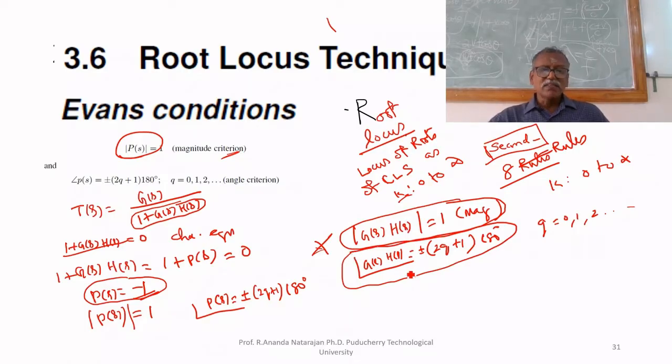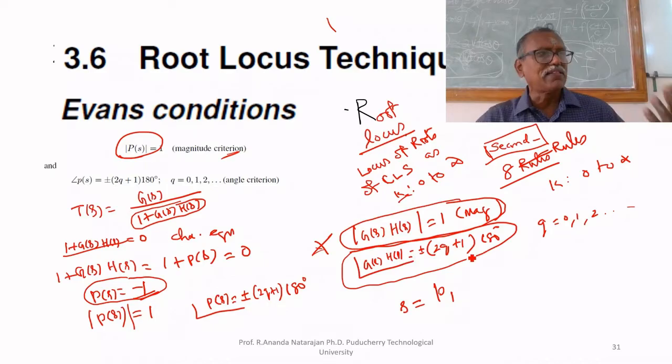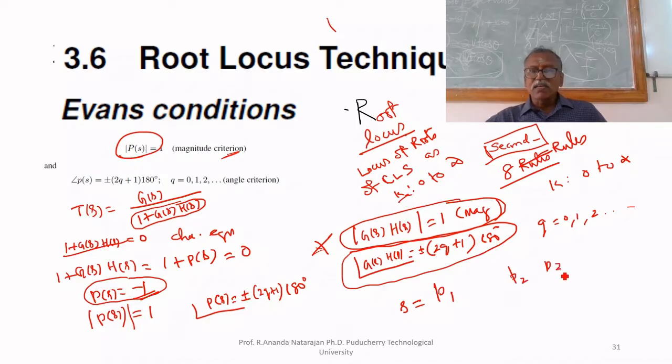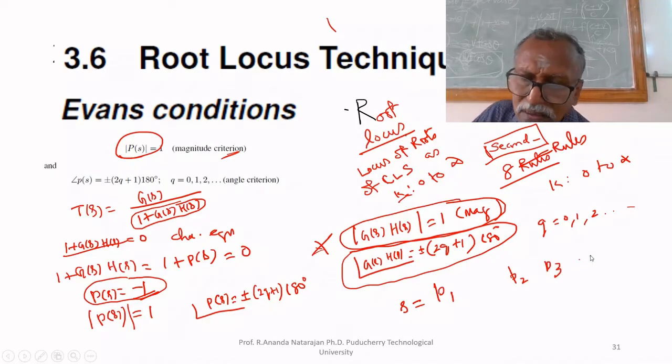Suppose I have a point s equal to p1. If you substitute p1 in this angle criterion, and it gives an odd multiple of 180 degree, then point p1 is on the root locus. Similarly, we can check for p2, p3, etc. Like that, we can check any point.